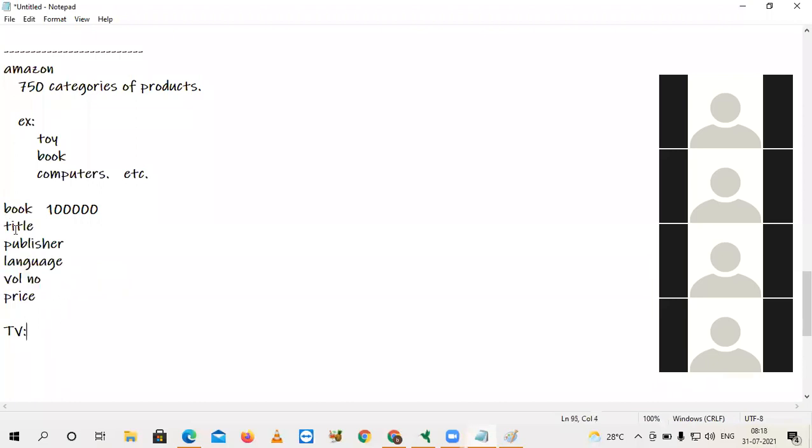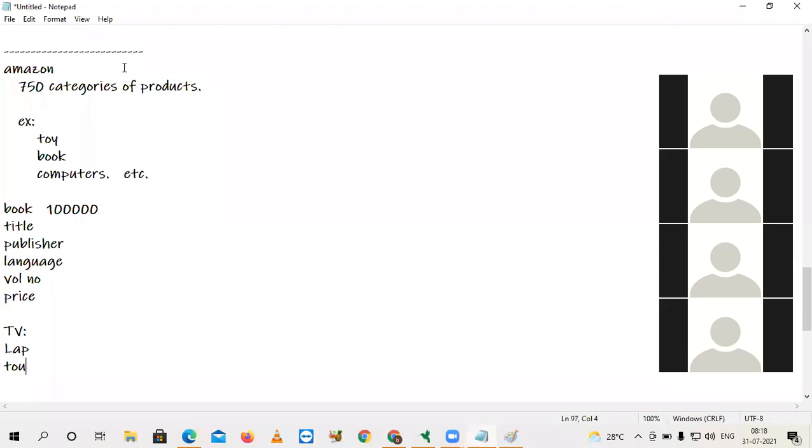Book is a product, TV is a product, but whatever valid attributes are there for book are invalid for TV. Same thing, my next product is laptop. Again, laptop attributes are different. Next product is toy. Again, toy attributes are different.